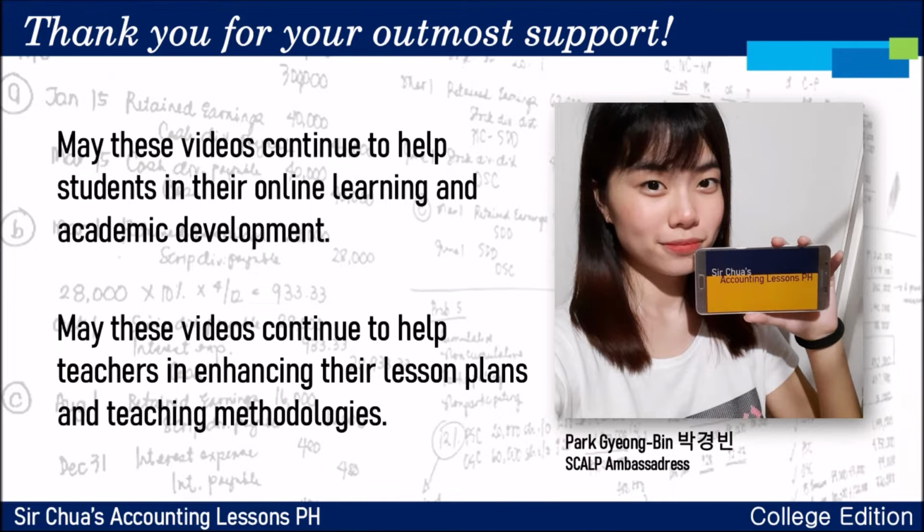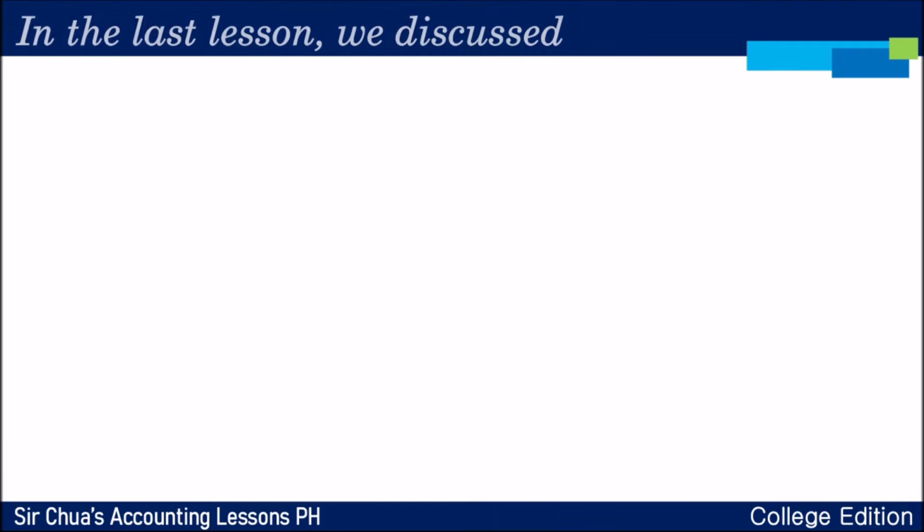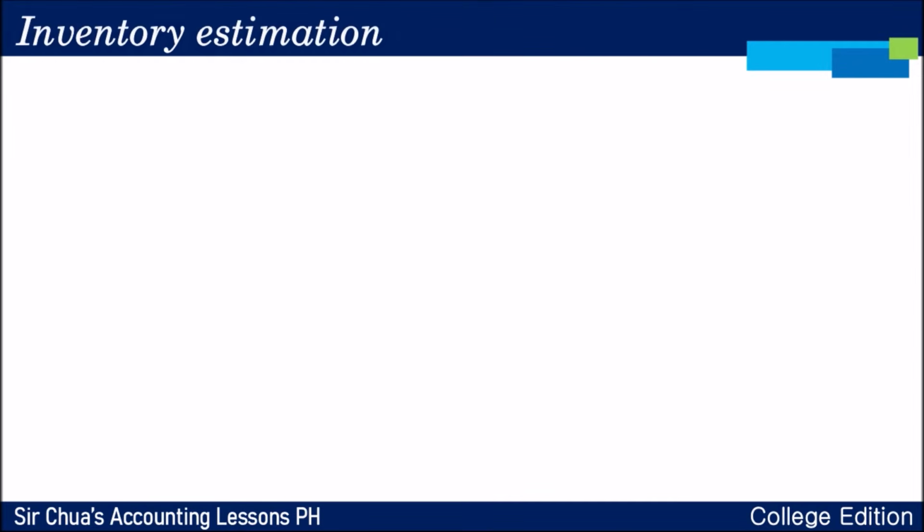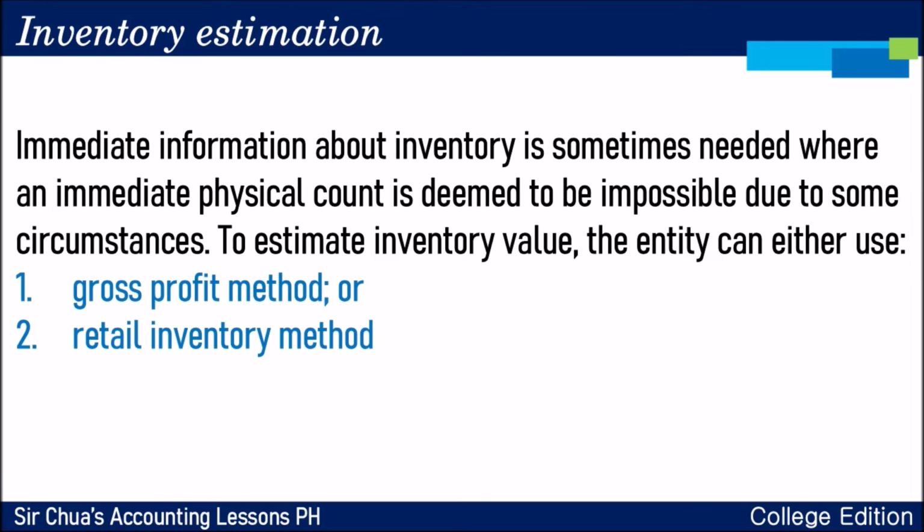Okay, I think we're ready to start. So in the last lesson, we discussed the measurement of inventories under lower of cost and net realizable value. And now we will be discussing inventory estimation. Immediate information about inventory is sometimes needed where an immediate physical count is deemed to be impossible due to some circumstances.